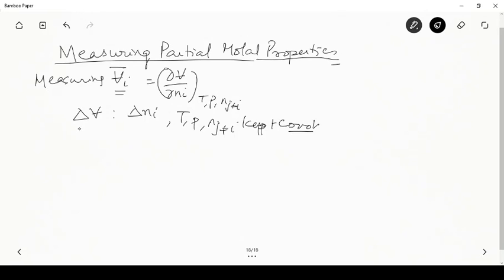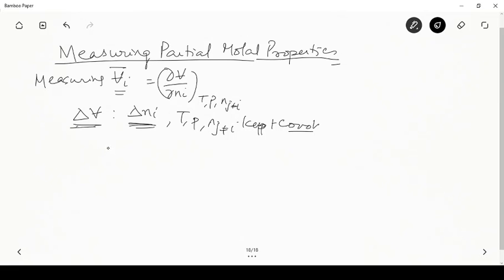What have I done? I have taken a mixture with known N1, N2, N3, N4, Nn, and then, only for species i, I take delta Ni moles of species i and add it to that mixture, measure the volume again and find out what the change in volume is. And the change in volume for the change in delta Ni, when all the others are kept constant, becomes this.